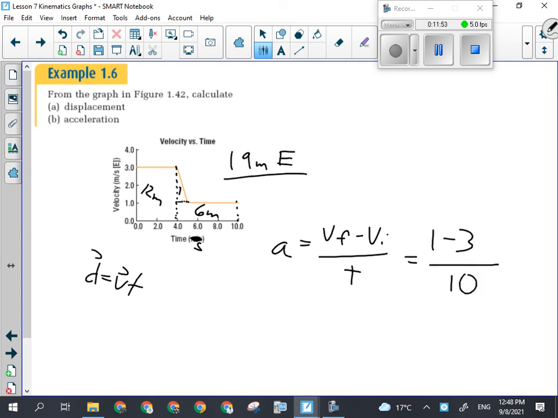So we're going to have 2 over 10, so our acceleration will be negative 0.2 meters per second squared. Questions on that one?